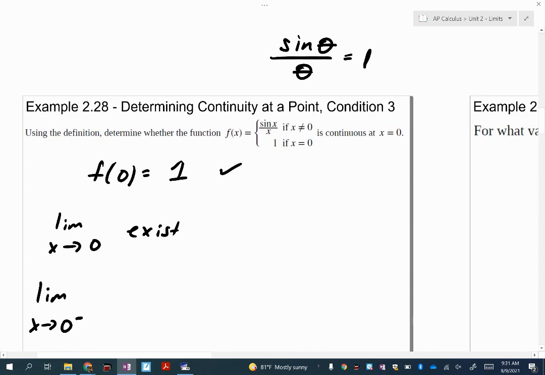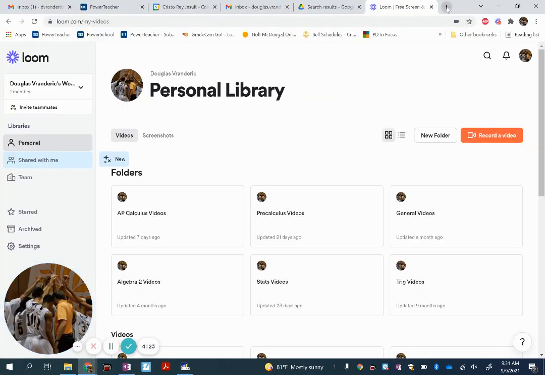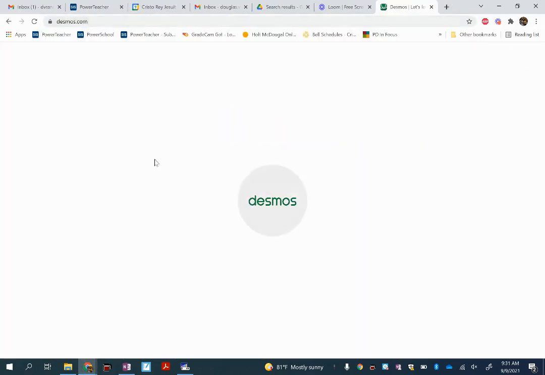So let me show you on Desmos real quick. That's the limit as theta approaches 0 equals 1. So I'm going to graph the sine of x over x.